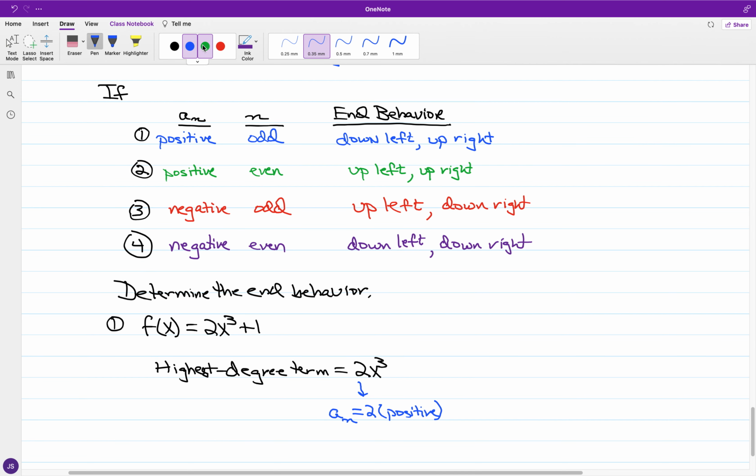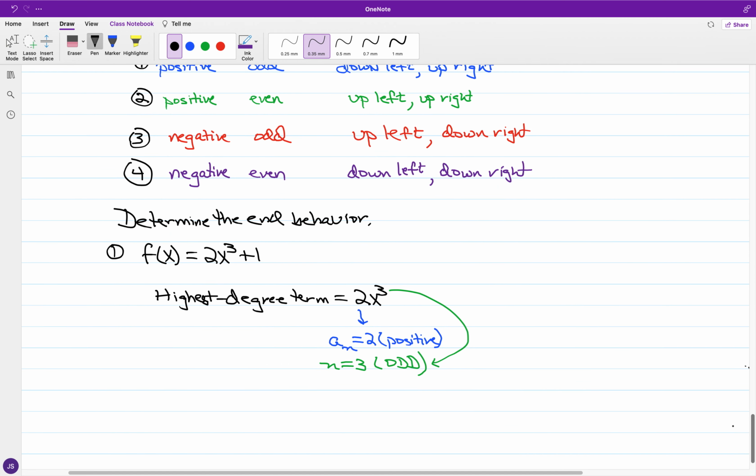The highest degree term defines the degree of the polynomial, so we have n equal to 3, and 3 is an odd number. Looking at the combination, a of n is positive and the value of n is odd, so you got positive, odd, and the end behavior is going to be down to the left and up to the right.